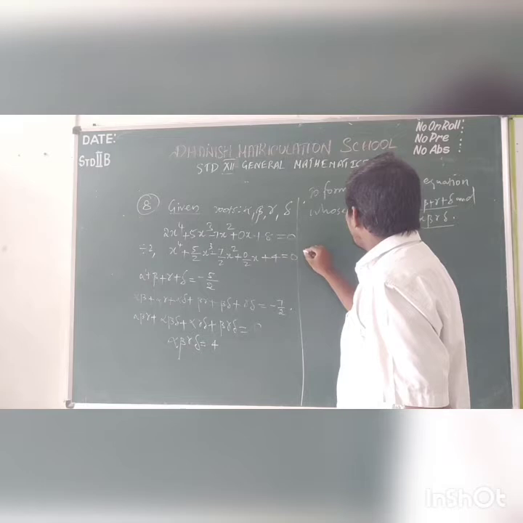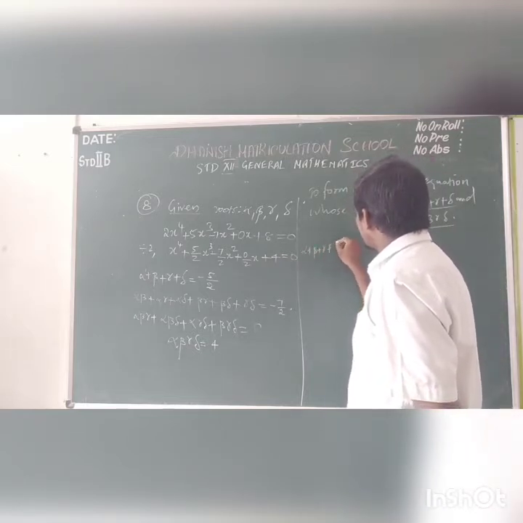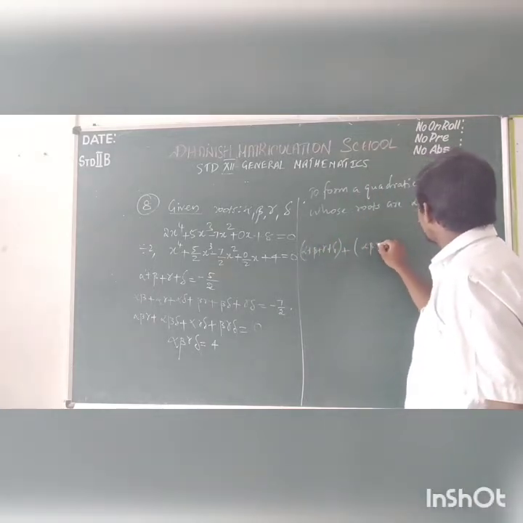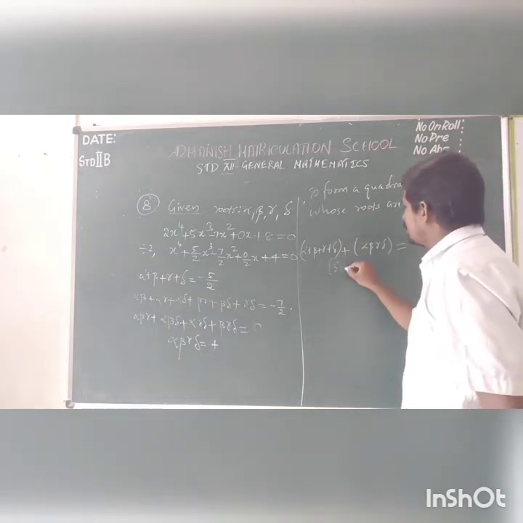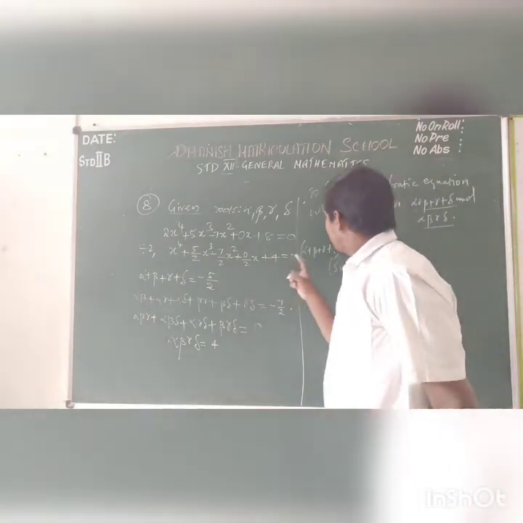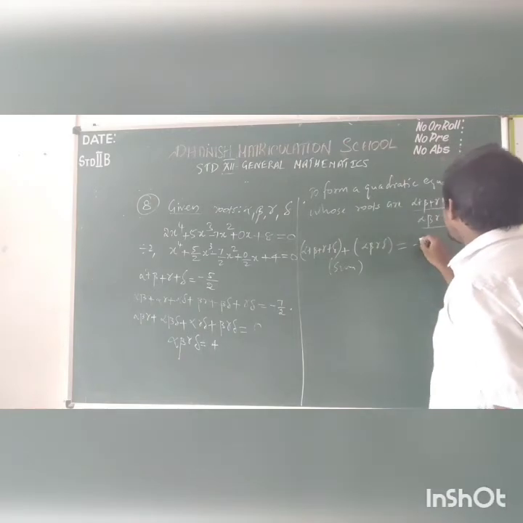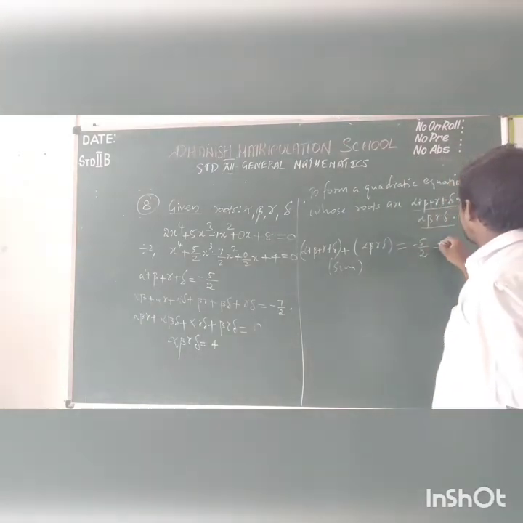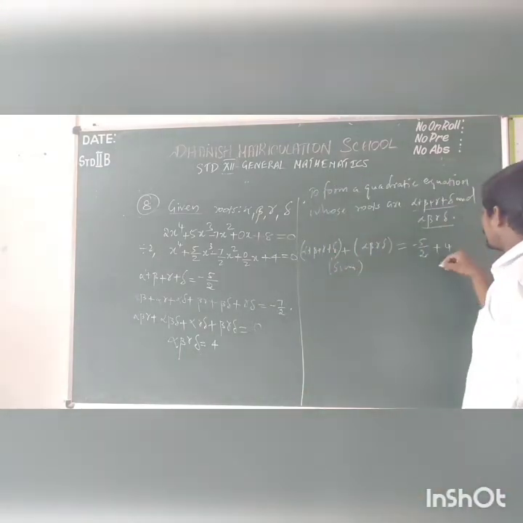So the sum of these two roots equals alpha plus beta plus gamma plus delta, which is minus 5 by 2, plus alpha beta gamma delta, which is 4.